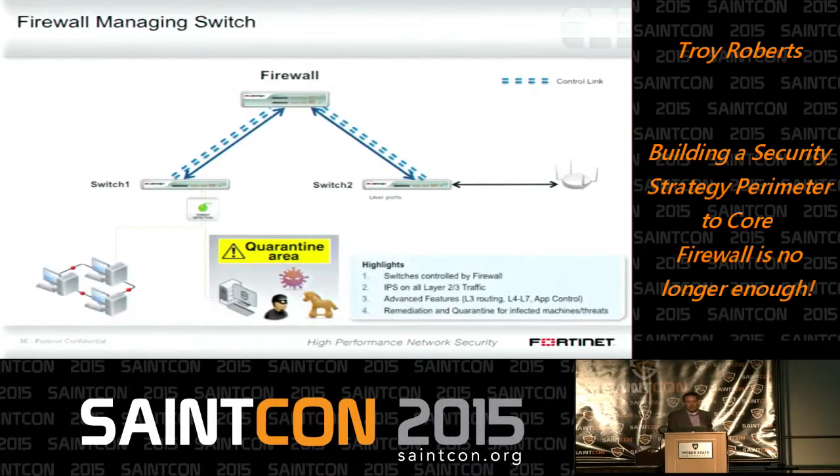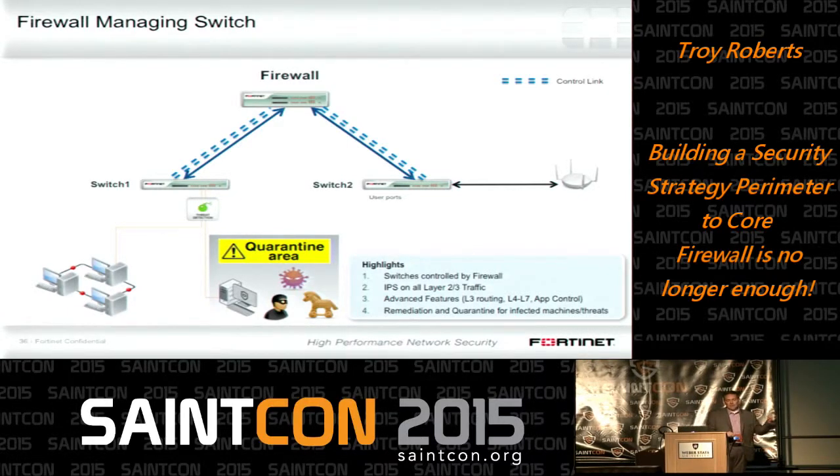The greater thing, though, is the security aspect and event correlation that can take place on a switch that's managed via a firewall. So let's say I've got a user that was part of one of the phishing attacks. That computer is now talking to a command and control server outside the network.